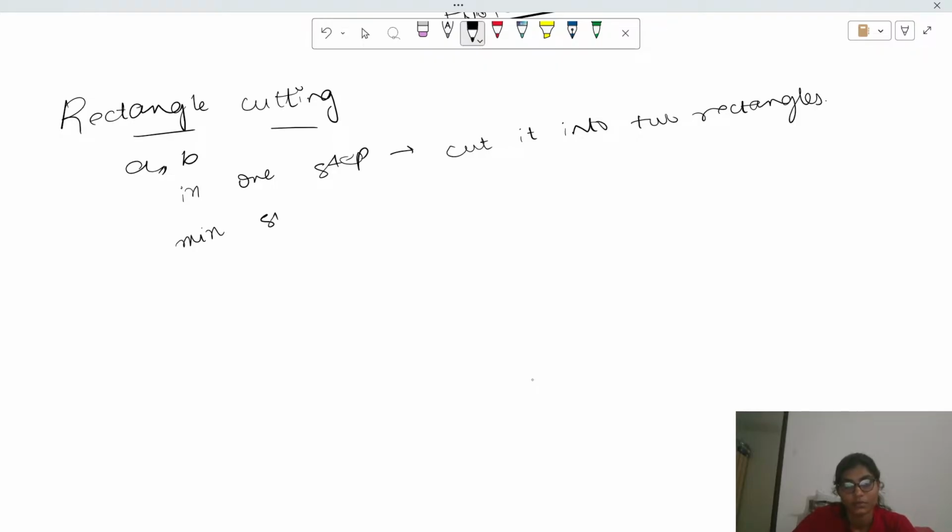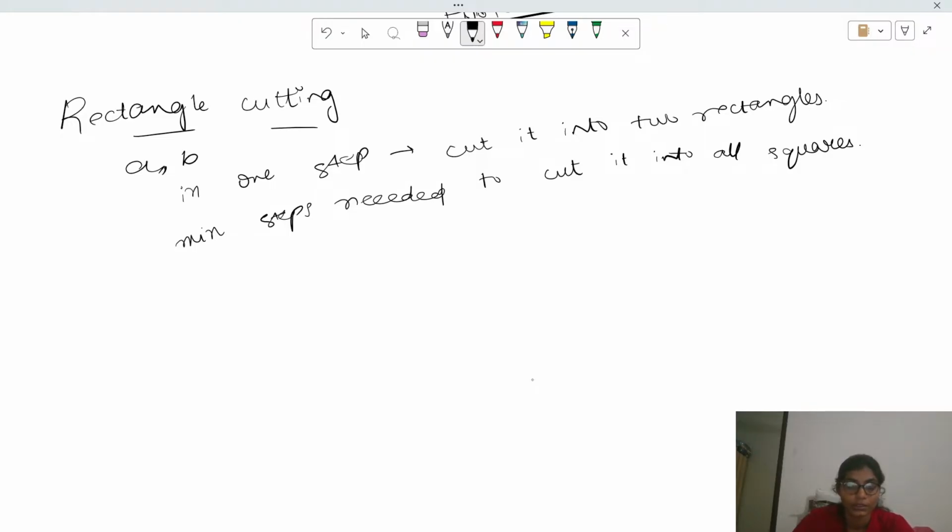We need the minimum steps needed to cut it into all squares. Okay, this is the question.